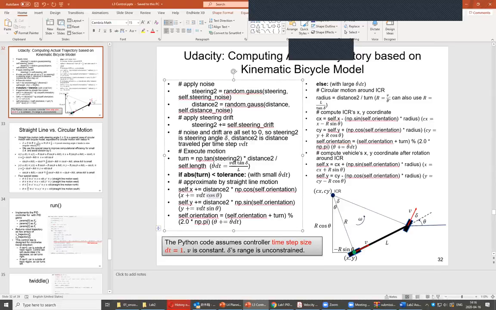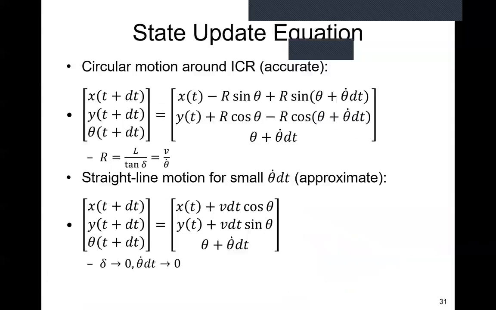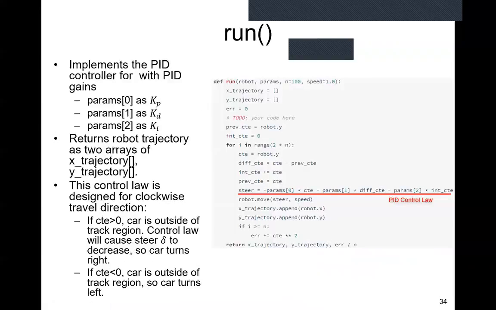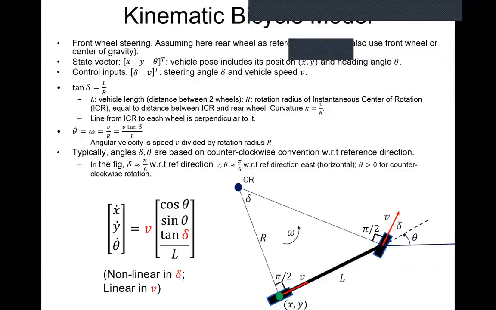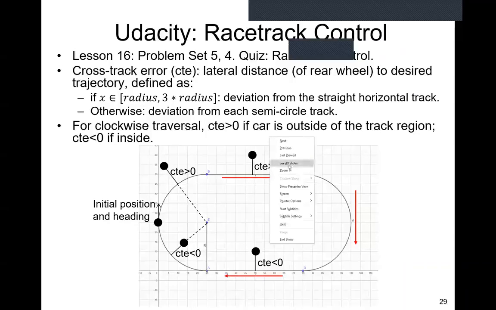Oh yeah, the program is trying to minimize the average error. If you look in the program, let me look for that track. Here's the track. The final error is computed by adding up the per step error. You have the actual trajectory, a sequence of points because of the finite time step.